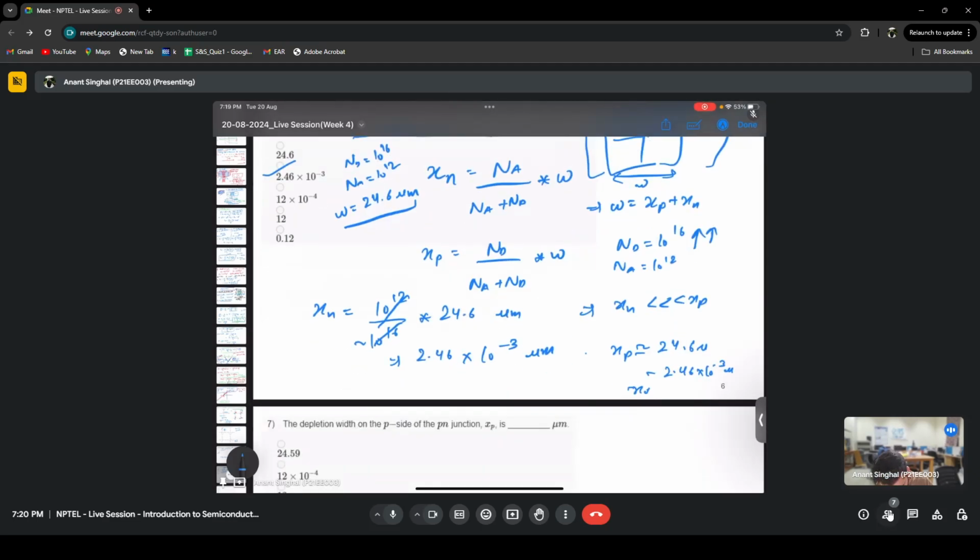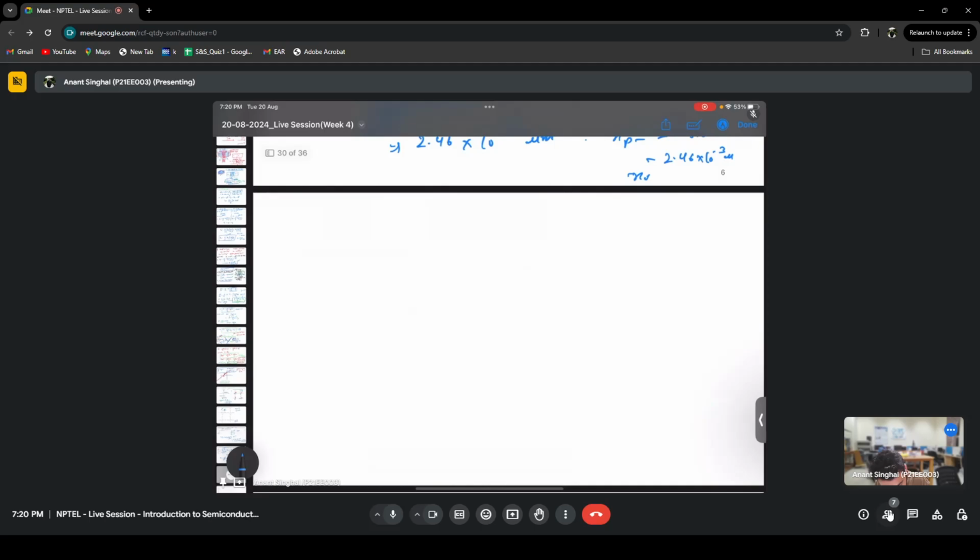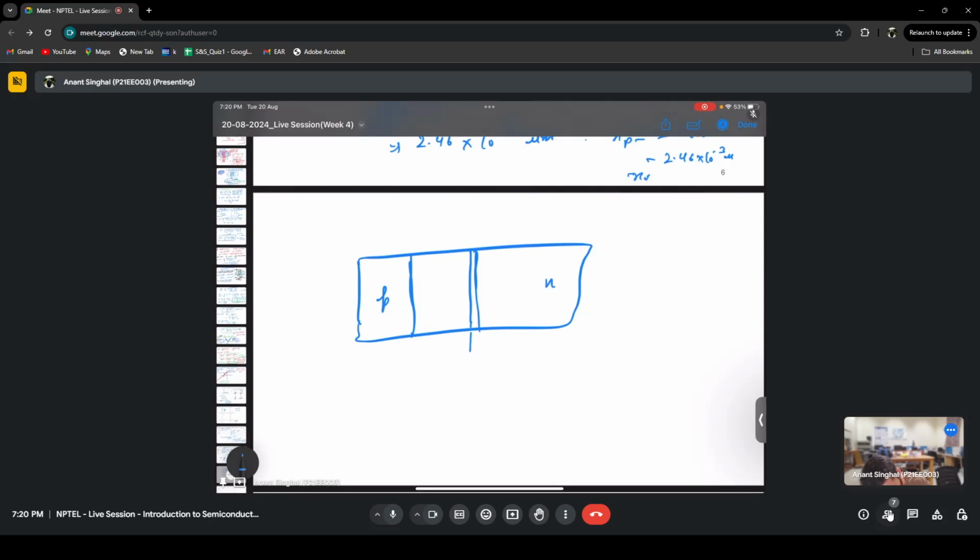What I'm trying to say here is, let's say this is P and this is N. So the depletion width that we have is something like this. This is Xp, this is Xn, which is very small. Similarly, we already know the band diagrams and the potential profile.